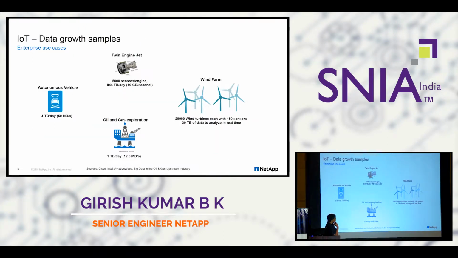Moving on to give you some examples of business use cases, right? The amount of data that is growing. I have put in some examples here just to give you ballpark numbers as to the amount of data that is getting generated, how it impacts the data storage. If you see here, the autonomous vehicles, right? They generate 4 terabytes of data per day, and it's roughly around 50 megabytes per second.